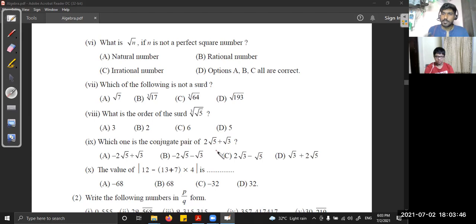But by conjugate, it means you change the sign of any one term, and the sign of the other term should be the same. If you look at option A, the sign of 2 root 5 is changed to minus 2 root 5, and the sign of root 3 is kept as it is. While in the other options, it is different everywhere. So we can say that A is the correct option.